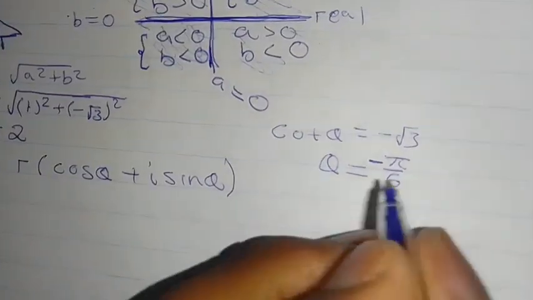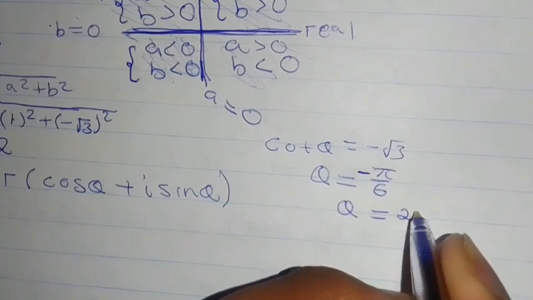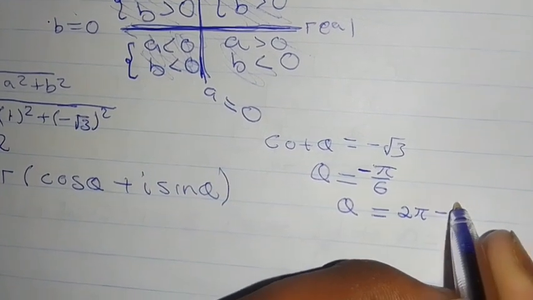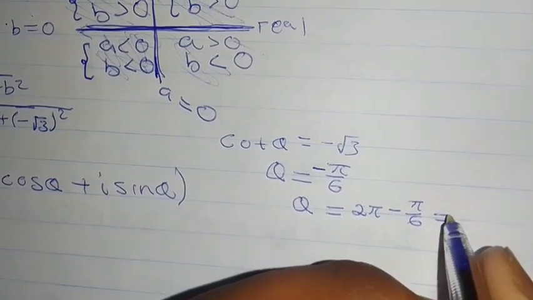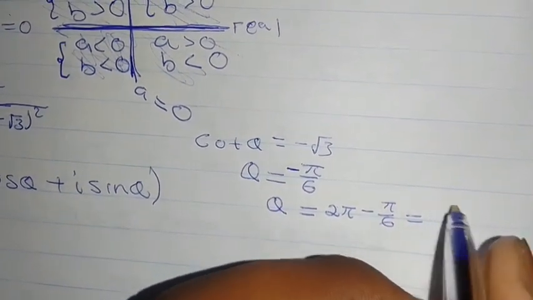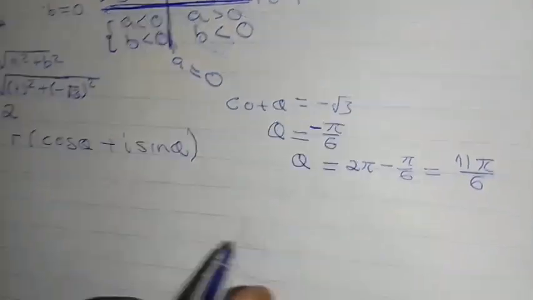So you'll end up with your angle theta equals 360 degrees, which is the same as 2 pi, and then you subtract pi over 6. So 2 pi multiplied by 6 is 12 pi. 12 pi minus pi, that's 11 pi over 6. So that's your angle there.